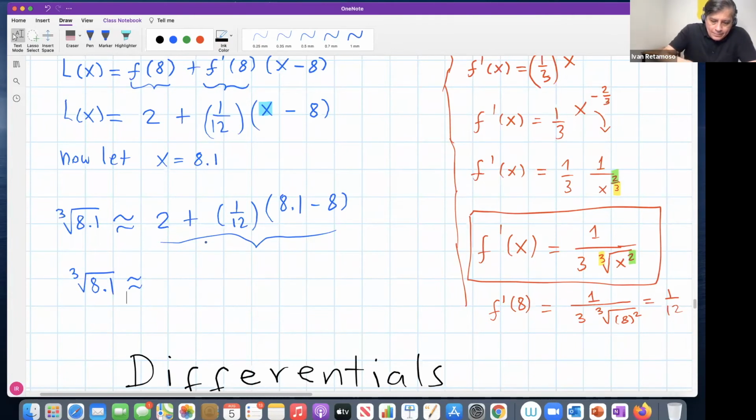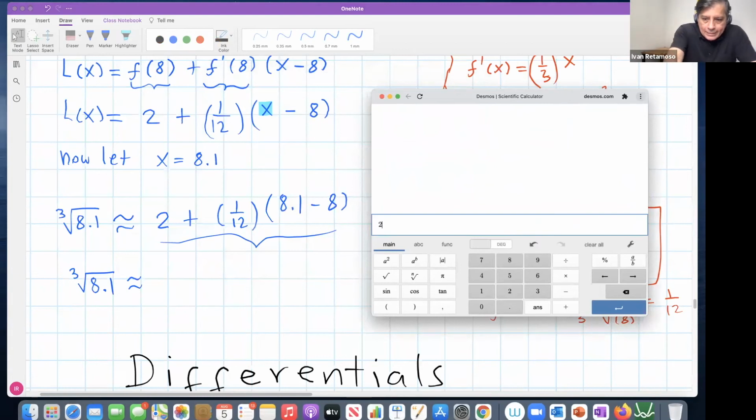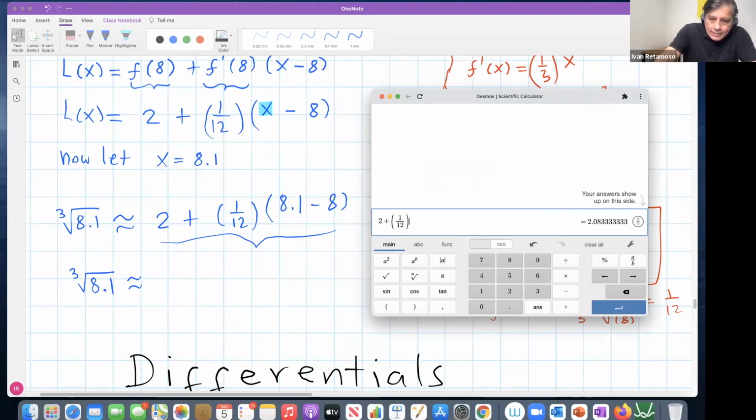So we go ahead and do 2 plus 1 over 12 times 8.1 minus 8. 2.00833. They wanted us to approximate this to 5 decimal places, 1, 2, 3, 4, 5.